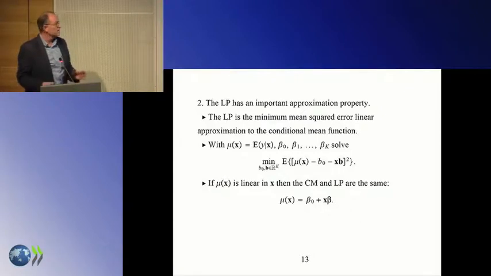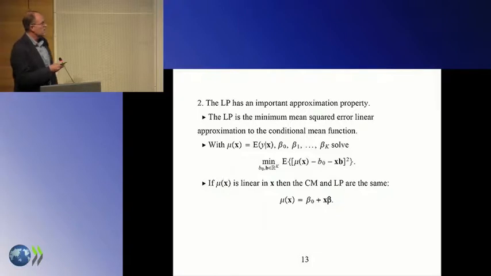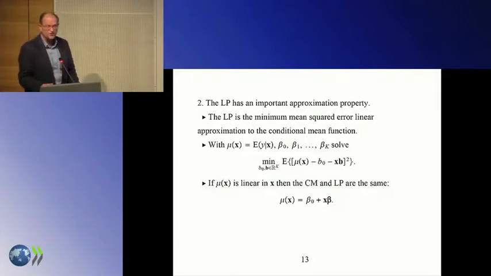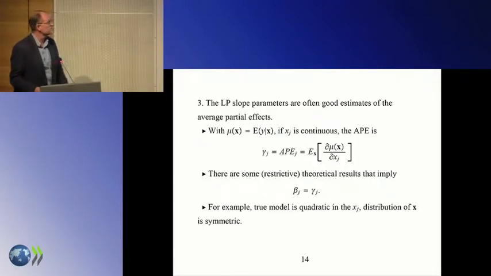In other words, these parameters are defined so that we get the best approximation to the thing we would really like to have. Of course, if you happen to choose well, then the conditional mean and the linear projection are exactly the same. This doesn't mean we're getting a great approximation, but the parameters give us the best linear approximation, the ones that we're going to consistently estimate.